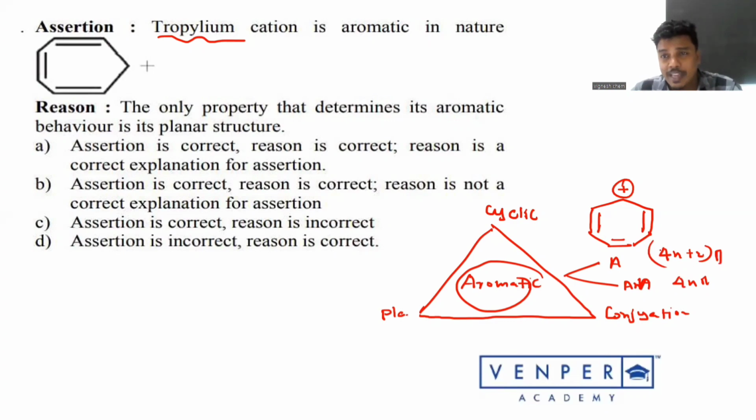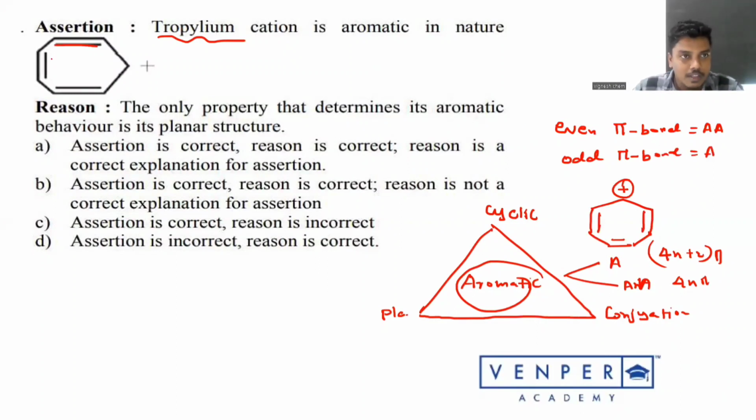Very simple: if the system is conjugated, planar and cyclic with an even number of double bonds, that is anti-aromatic. An odd number of double bonds, odd number of pi bonds, that is aromatic. Now see, this is 1, this is 2, and this is 3, an odd number, therefore this is aromatic.